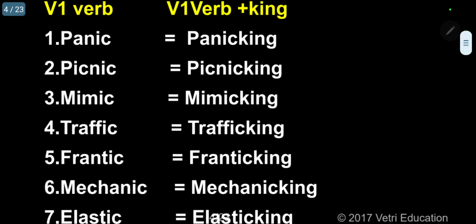I identified from the Oxford Dictionary only two verbs ending with C, by computerizing the entire text, but I identified others from other sources.